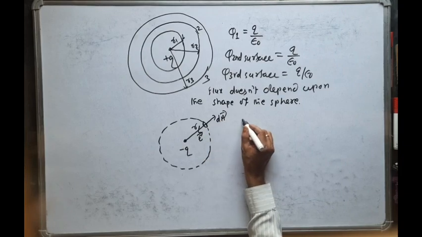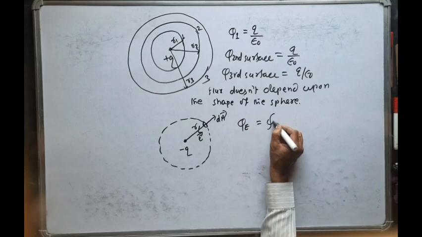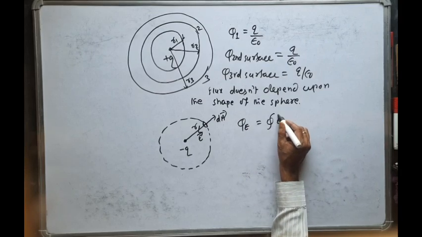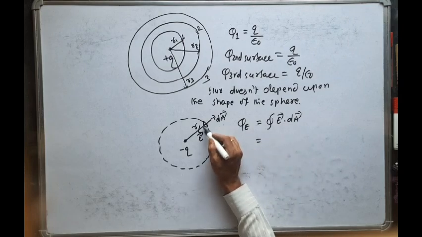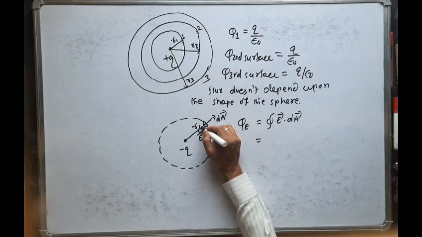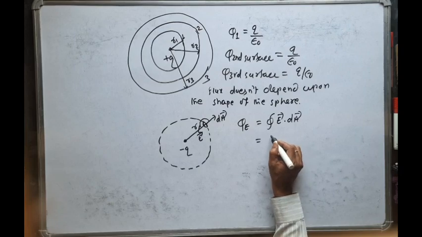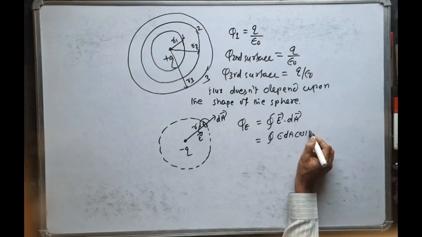So the flux through the surface is equal to the surface integral of E dot dA. E is towards the center, the dA vector is along the radial line in the outward direction. So theta is equal to what? 180 degrees. So here it is E dA cos 180 degrees.